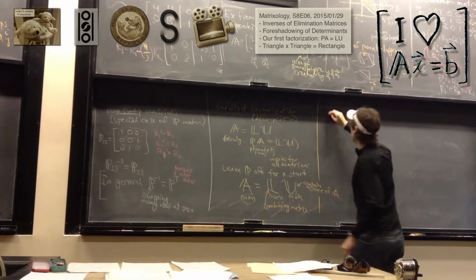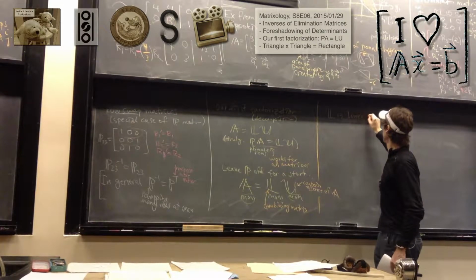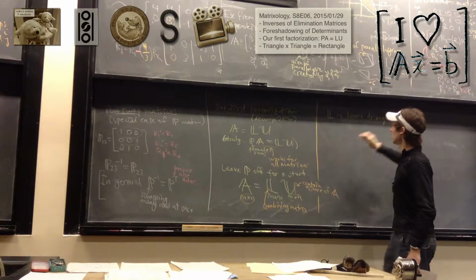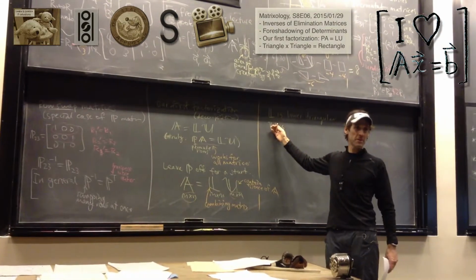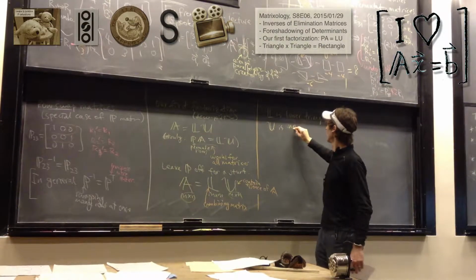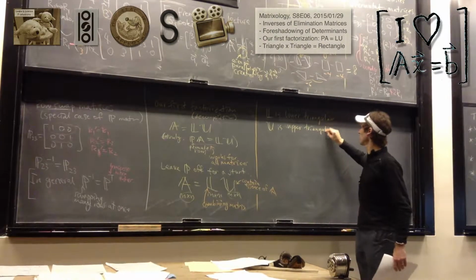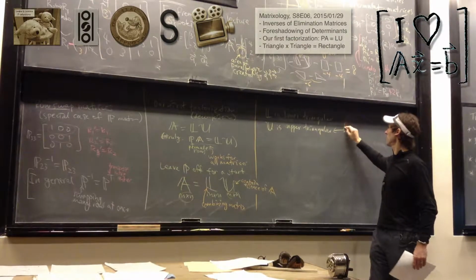So L is lower triangular. I'm just telling you these things. We're going to get into an example. U, which we've been getting at, of course, so we know U. Upper triangular. So this is from before, right, from before.